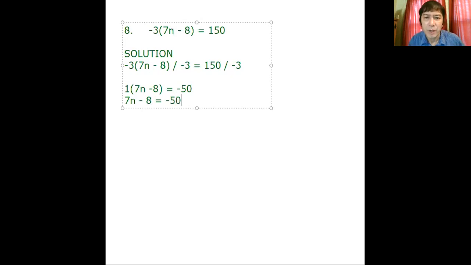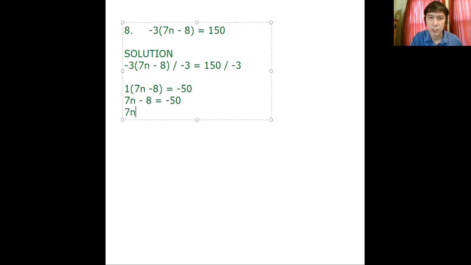Now we're going to isolate the term with a letter, and we can only do that by removing this 8 here, and we can eliminate this by way of addition. Why do we have to apply addition? Now, you see, that's a negative 8. If you add 8, that's a 0. That's why we can apply addition.